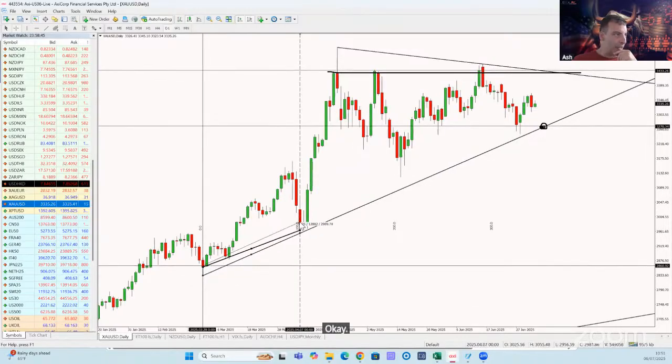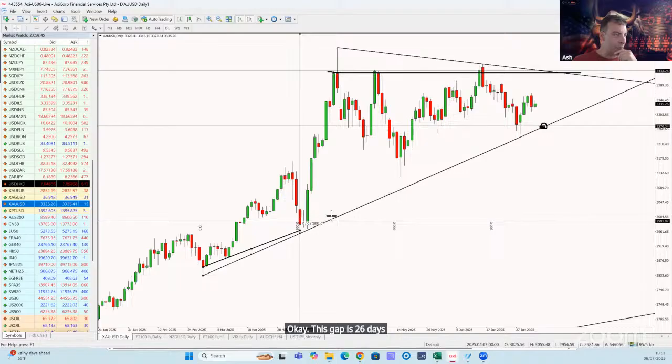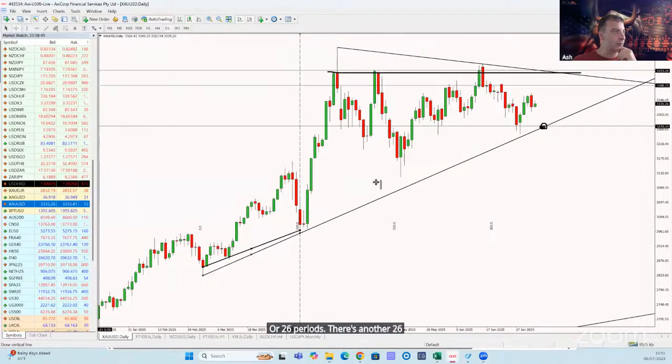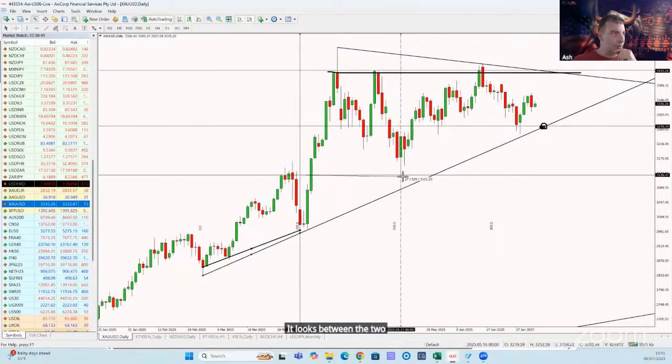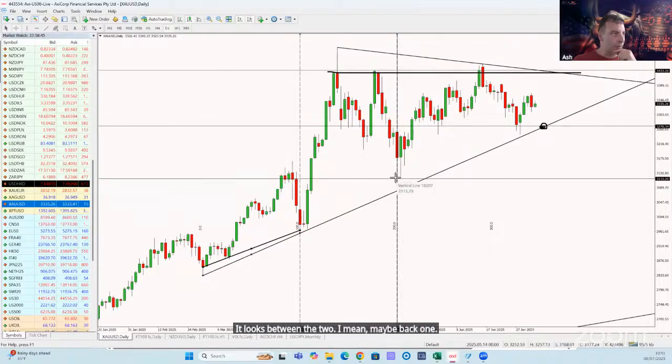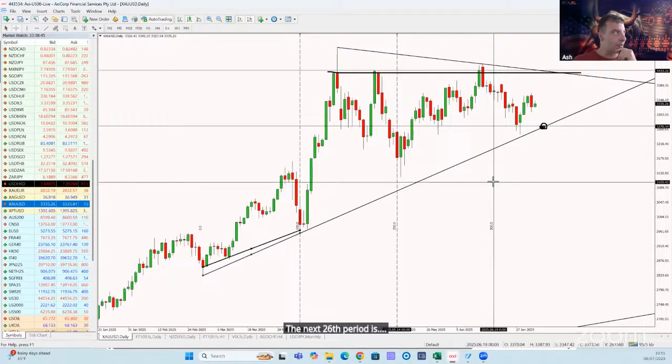This gap is 26 days, or 26 periods. There's another 26 period here. It looks between the two. Yeah, maybe back one. The next 26 period is there.